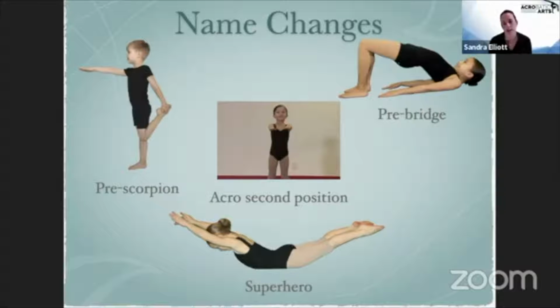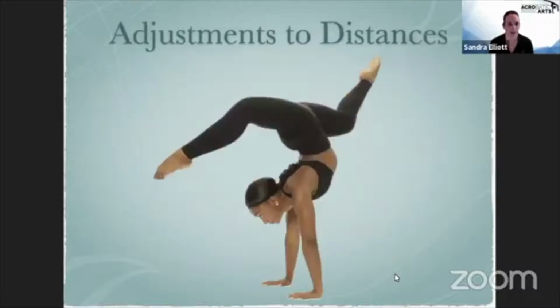And our acro second position is hip width apart only with our parallel feet. And that's going to lead us into a proper entrance into our down to bridge or our bridge recover. So we just wanted to clarify and identify that as being a little bit different than our jazz second position. And then lastly, we have our Superman, which has been changed to superhero.